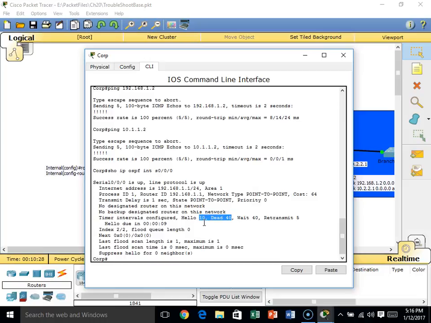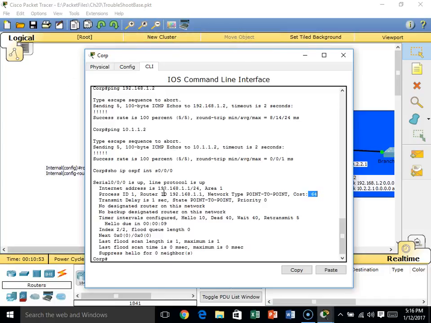Hello is how frequently hello packets are sent. The dead timer of 40 is how long we'll wait before we say that a network isn't there anymore. The cost is 64 on the point-to-point; the cost in his book is 100. That's based on the bandwidth configured on these interfaces.